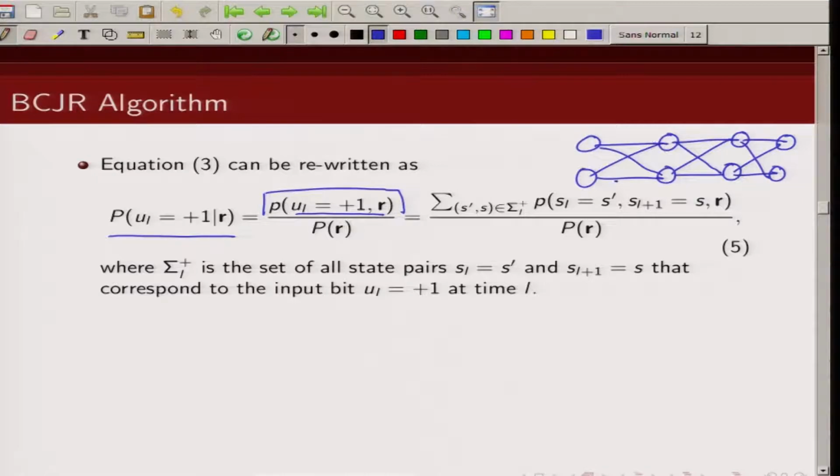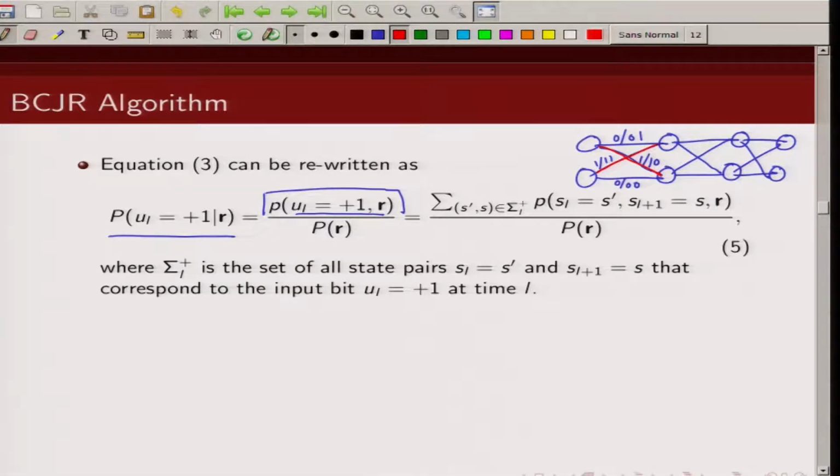Let us say this is 0 by 0 0, this is 1 by 1 1, this is 1 by 1 0, this is 0 by 0 1. So, let us look at one trellis section. We are interested in all those transitions which belong to UL +1. Now, what are those transitions? In this example, this is one such transition and the other is this transition.